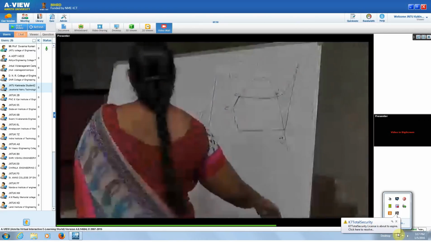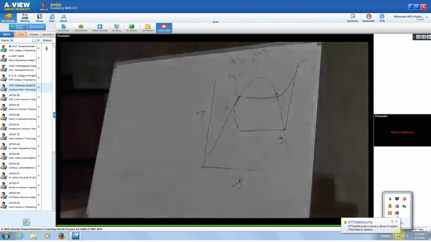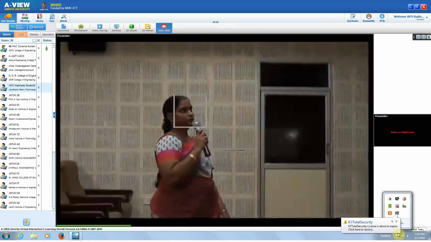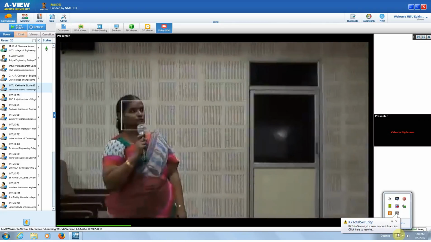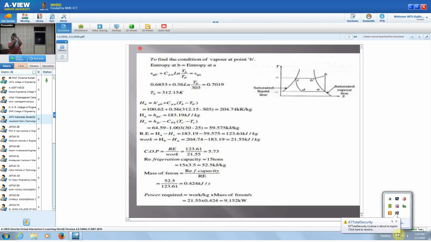So Hc is Hc dash minus Cp of liquid into Tc dash minus Tc, and that difference is 5 degrees centigrade.